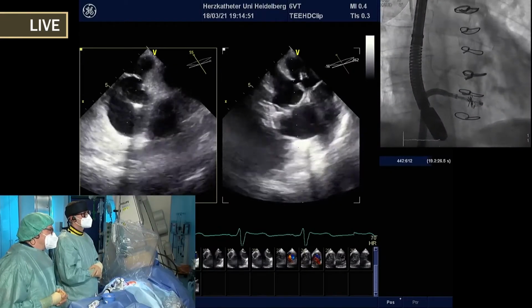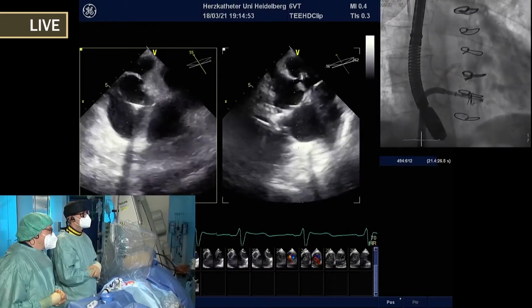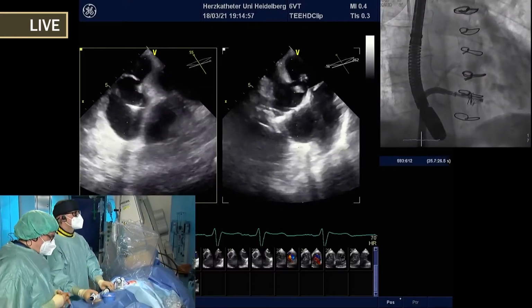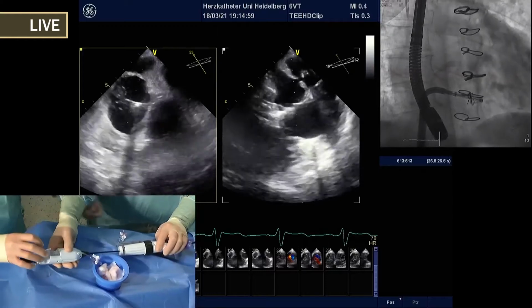What's the impression of the other panel members? No, I agree. I think the septal leaflet is nicely in, but the anterior needs some more tissue in. Don't think that's sufficient.